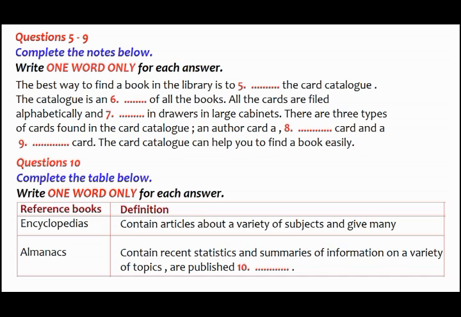First, dictionaries. Dictionaries are books that list and give the meanings of the words in a language. They also give the pronunciation of words in a dictionary which are listed alphabetically. Second is encyclopedias. Encyclopedias are reference books that provide factual information about people, events, places and subjects of lasting interest. Each article is written by a specialist on the topic being discussed.